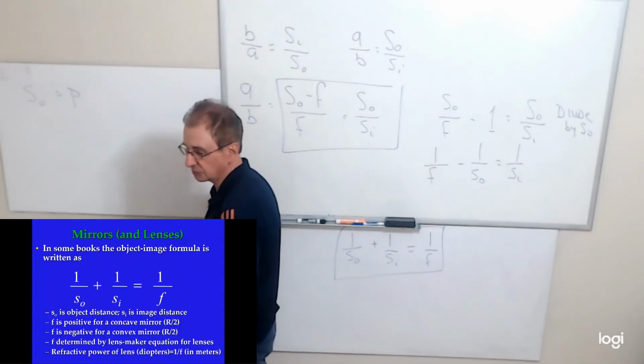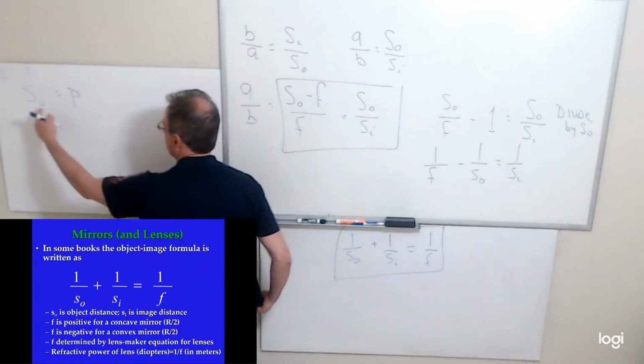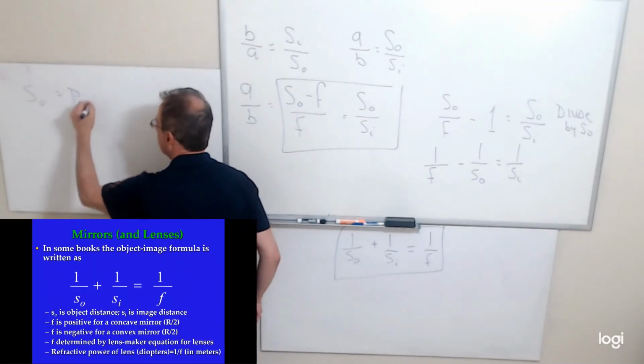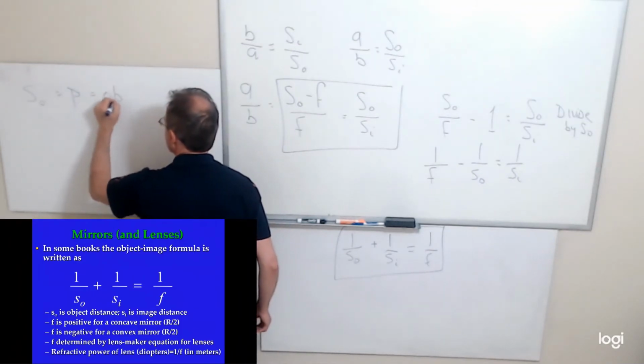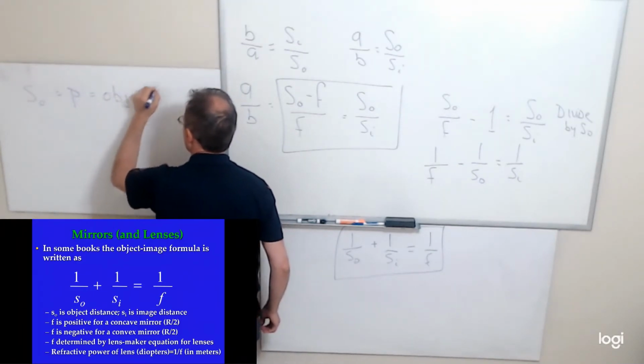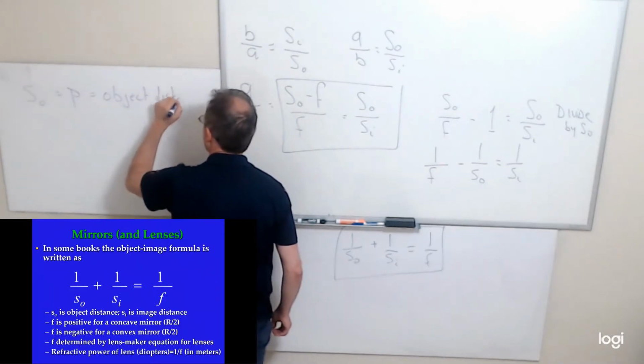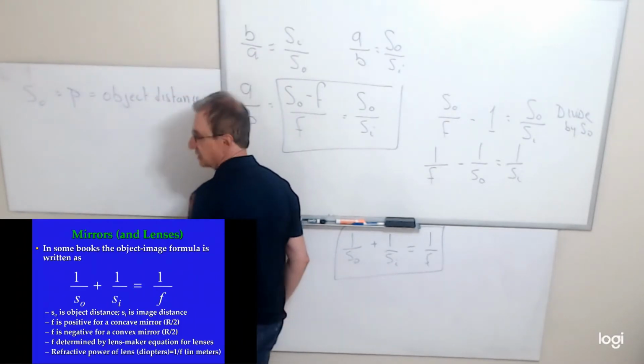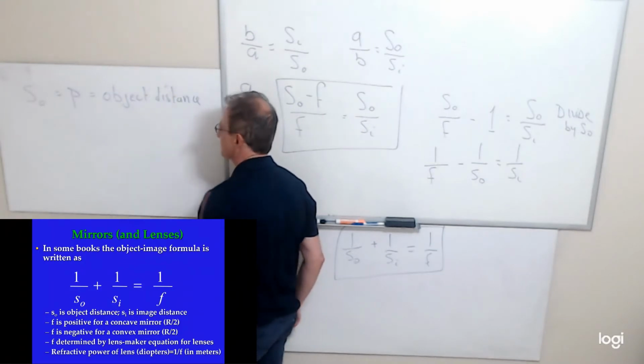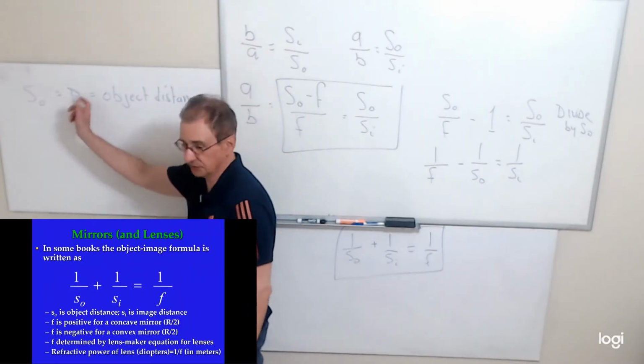Our book uses P and Q. So when I write S naught or P, that means the object distance. And every time we change a textbook, those letters change. But these are the most common ones.